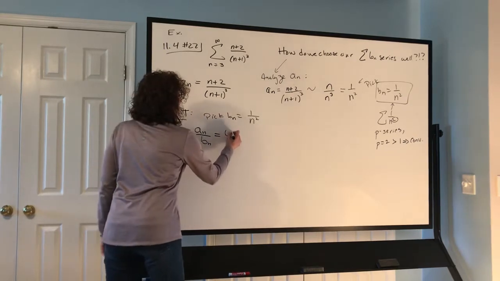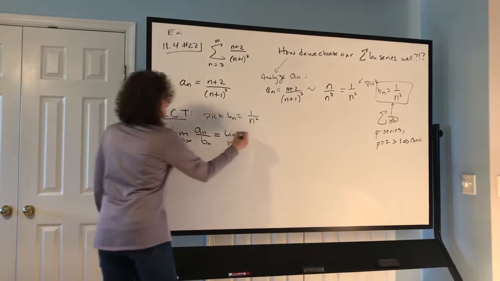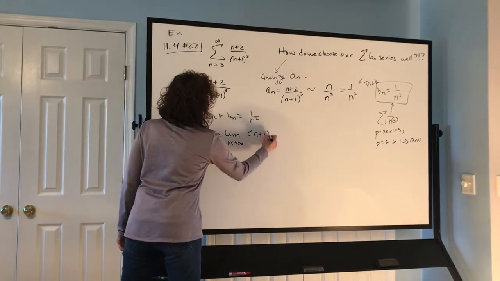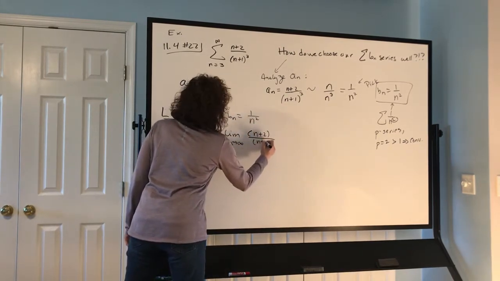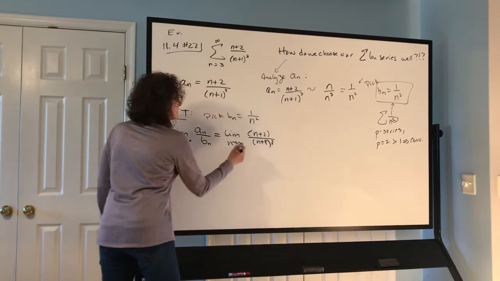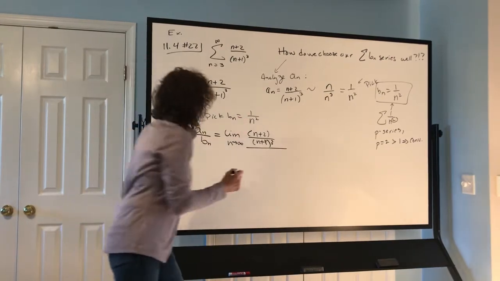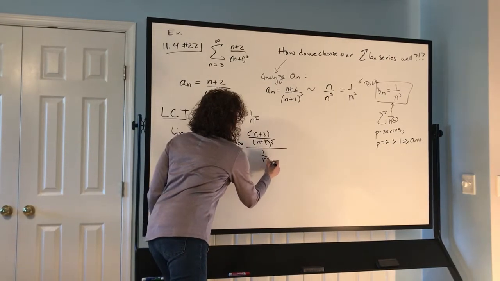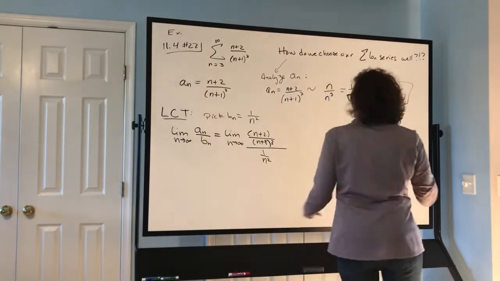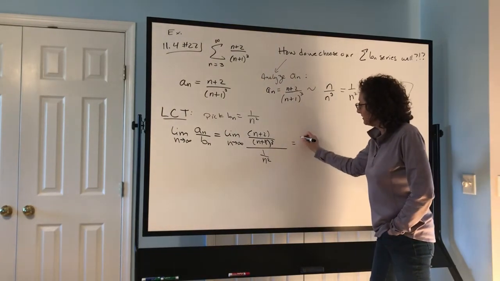So what are we doing? We're looking at the limit as n goes to infinity of an. What is an? Well, it's n plus 2 over n plus 1 quantity cubed, right? Divided by Bn. What was Bn? 1 over n squared. Ooh, fraction math, right? Okay. And so we'll do this one slightly slower.